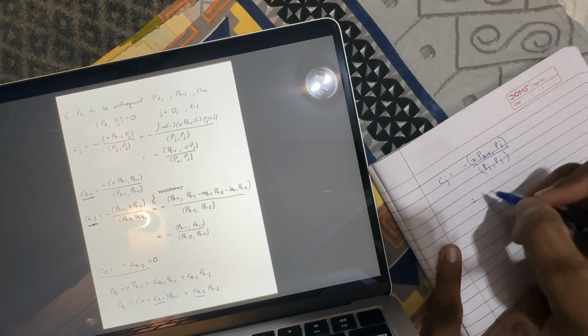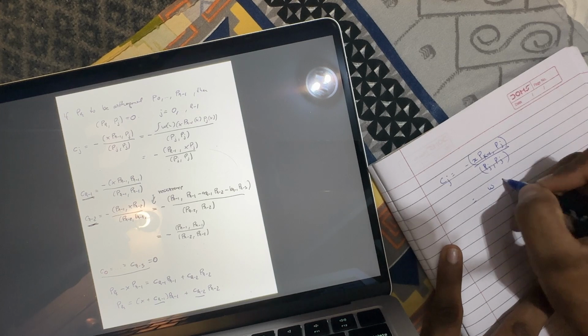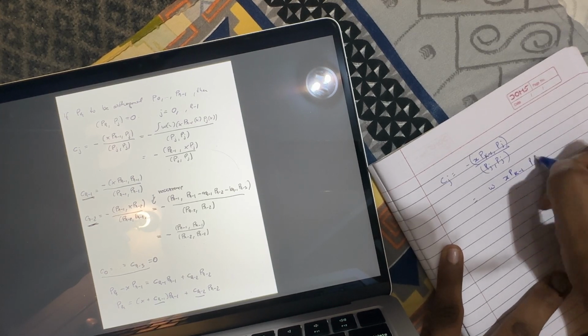Here the inner product equals omega x Pk minus 1 Pj. I can just move the x here.